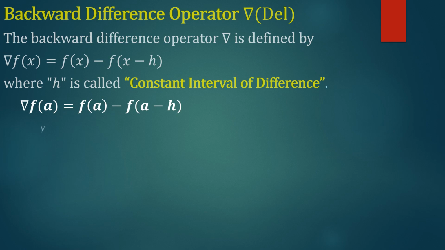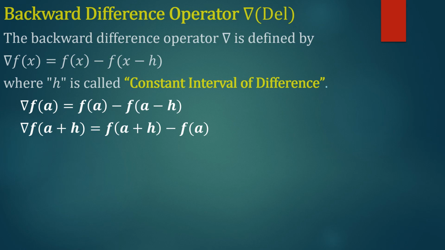Similarly, del f of a plus h is equal to f of a plus h minus f of a, because in place of f of a we need to write f of a plus h, and in place of f of a minus h we need to write f of a plus h minus h. h and minus h will be cancelled, therefore it will be f of a. Therefore del f of a plus h is equal to f of a plus h minus f of a.